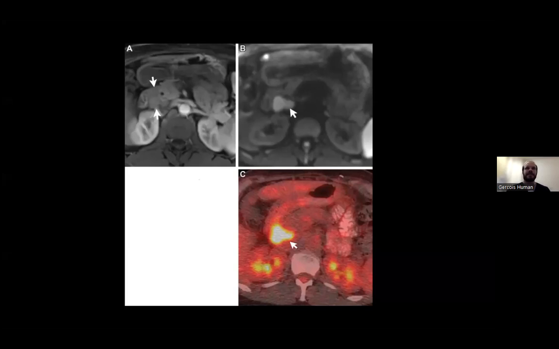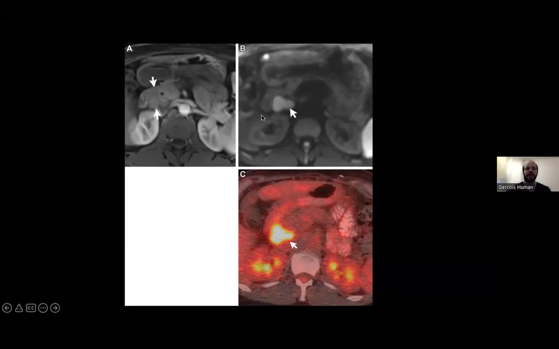This is a patient with metastatic lymphadenopathy, a patient known with breast cancer, incidentally. On top left is a T1 arterial phase image, showing this hypo-enhancing ovoid mass in the pancreaticoduodenal groove.